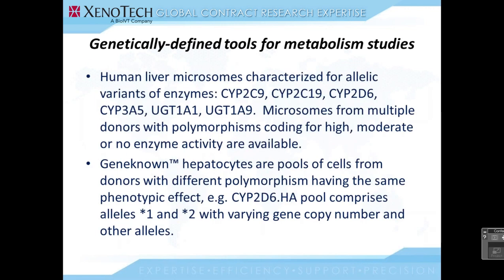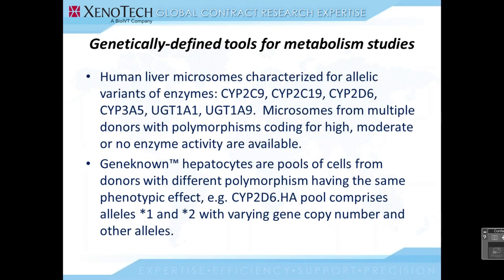For several years now, we have offered individual donor human liver microsomes characterized for variants in CYP2C9, 19, 2D6, 3A5, and UGTs 1A1 and 1A9. Microsomes for multiple donors with polymorphisms coding for high, moderate, or no enzyme activity are available in this product.